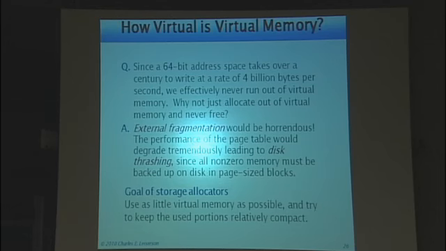So that's the goal of almost all storage allocators: try to keep things compact, try to keep things tight and in very little virtual memory space, even though virtual memory is huge. Now that doesn't mean that everything has to be contiguous.